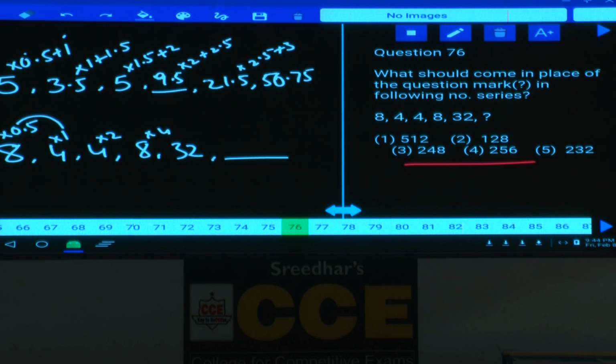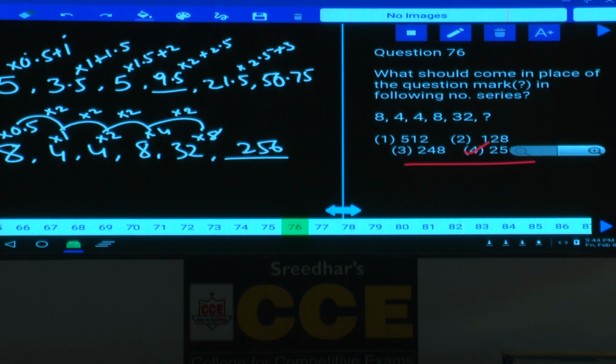Now the relation between these: 0.5, 1, 2, 4, each is double the previous one, the next one must be 8. 4 into 2 is 8, and this 32 must be multiplied with 8. And 32 into 8, tell me what is your answer here? 256. Choice 4 is the answer. Question number 76, it is choice 4, 256.